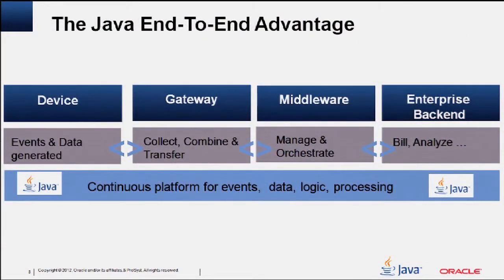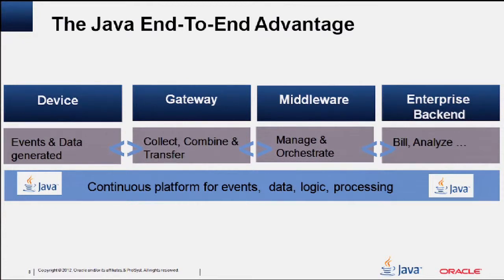So the biggest picture, the highest picture, I think, from the advantage a Java-based solution has for this is that in a real M2M, you have many complex points. So it starts with a device that can be dumb or a bit smart or very smart. Then usually you have a gateway. You have a middleware that basically is the M2M middleware.